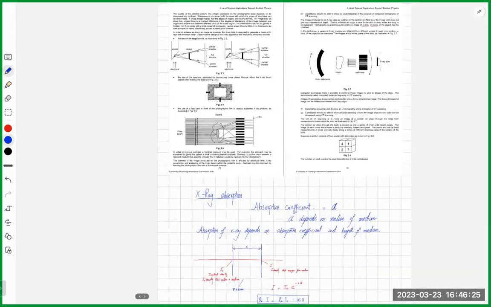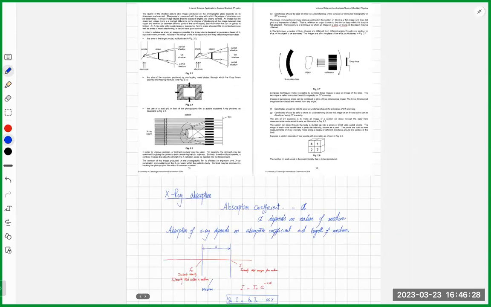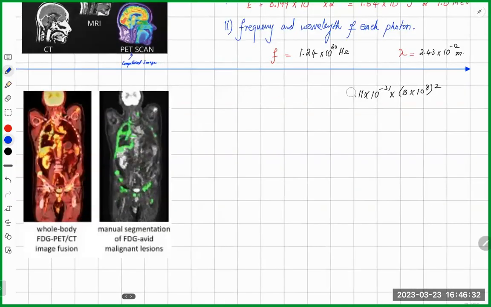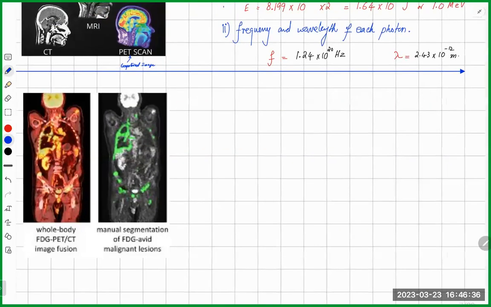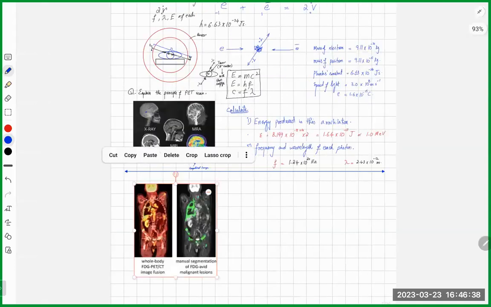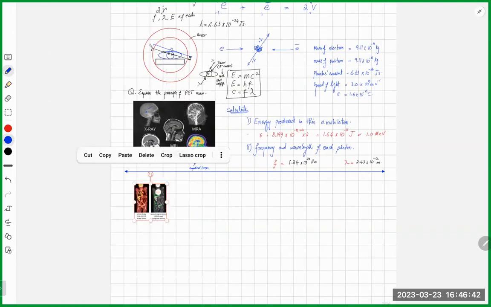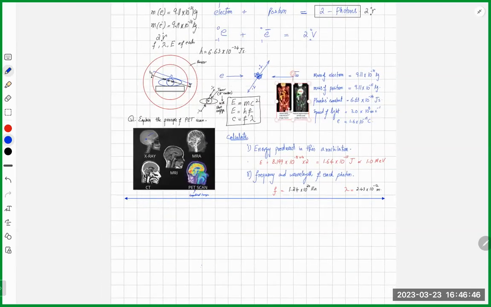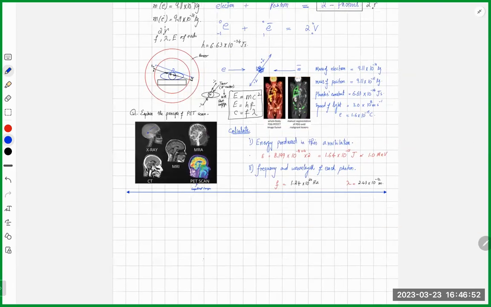Now, what are X-rays? How are X-rays produced?